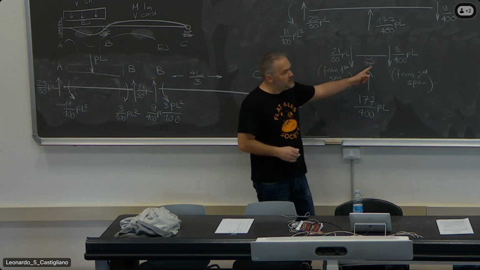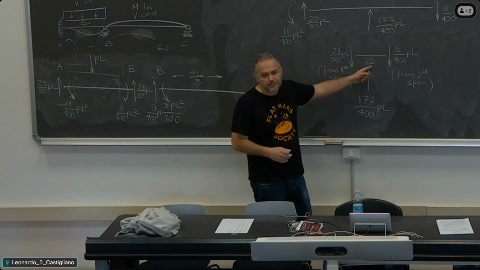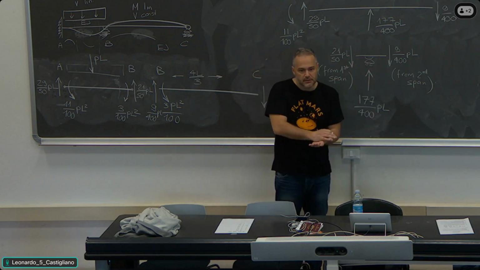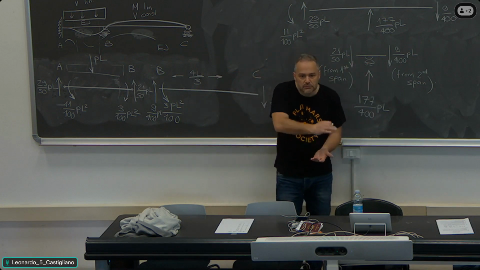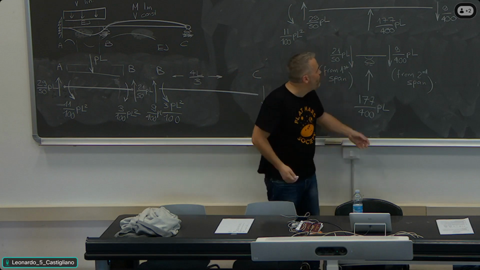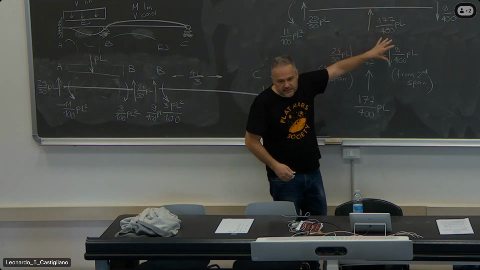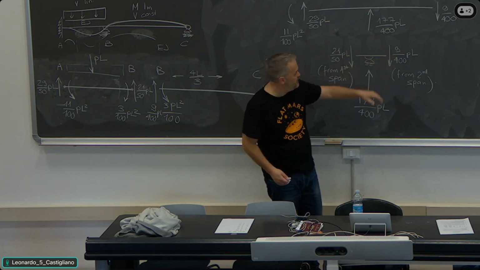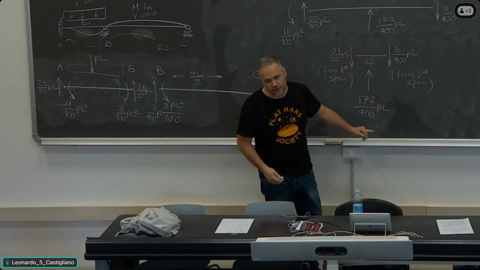Clearly, this roller is meant to represent what? The beam resting on the ground, the column, whatever. When I design whatever is under the beam at point B, I design it with this force here.